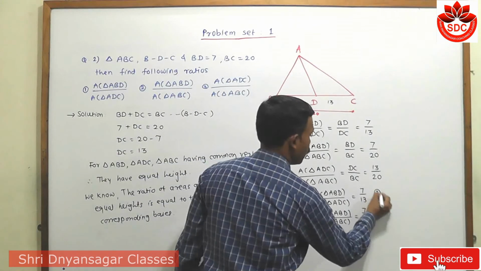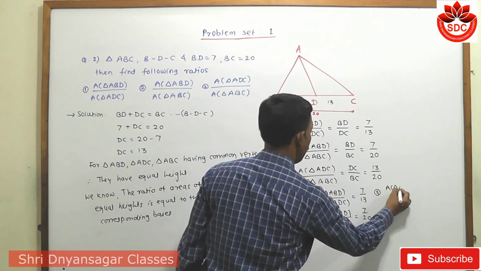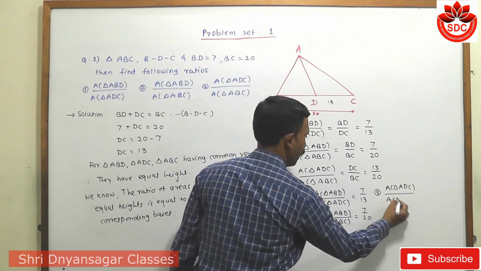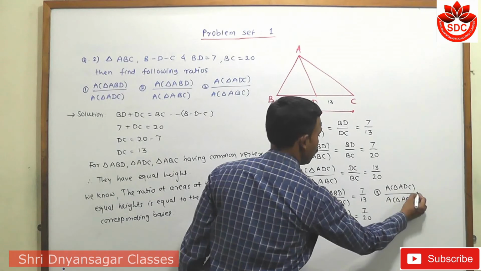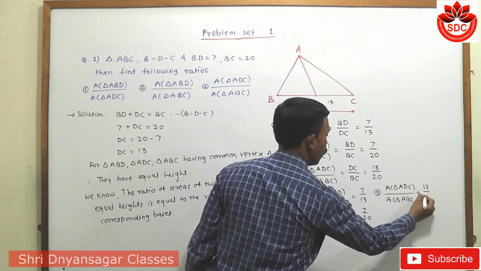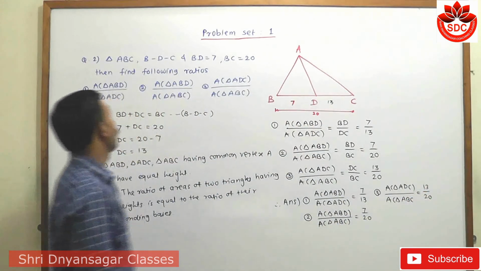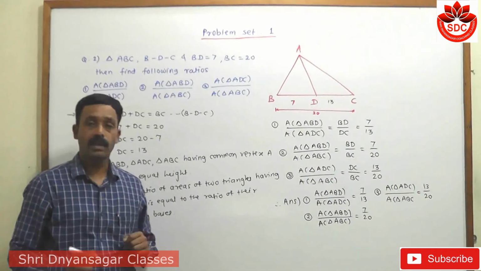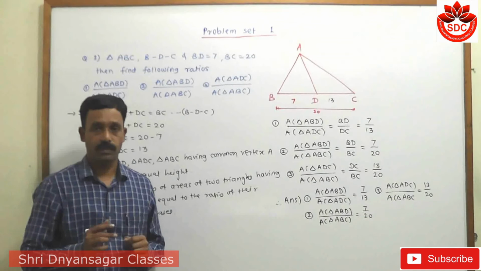And the third answer is area of triangle ADC upon area of triangle ABC is equal to 13 upon 20. This is our question number second. Can you understand this, student? Then we take the next question.